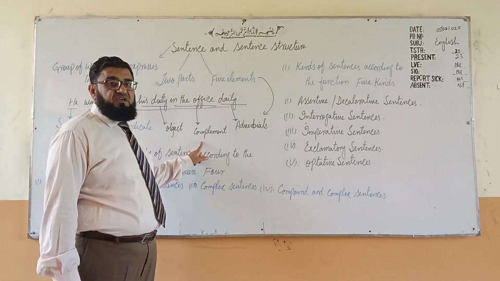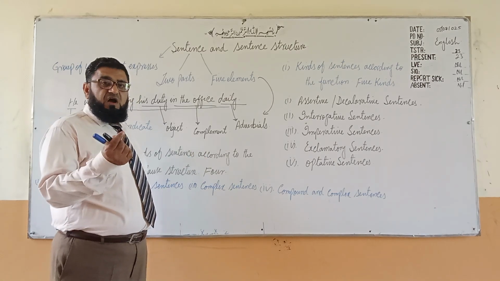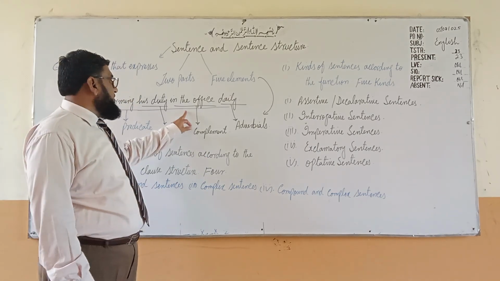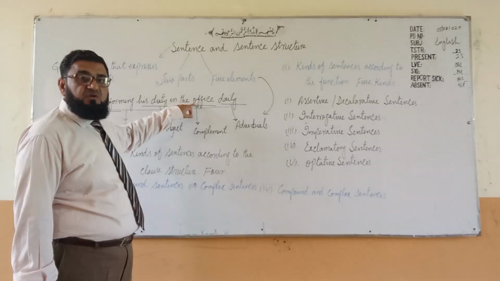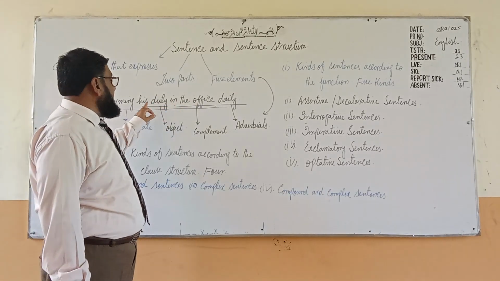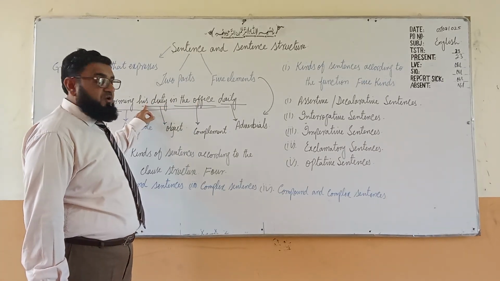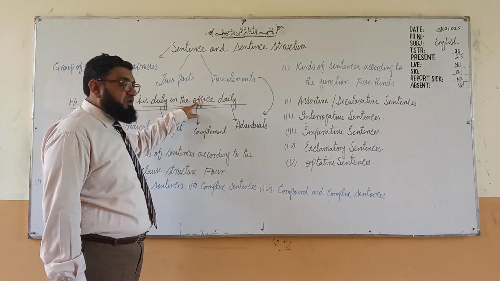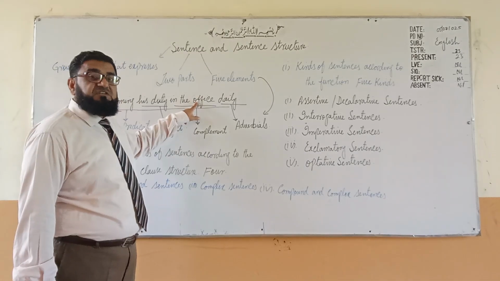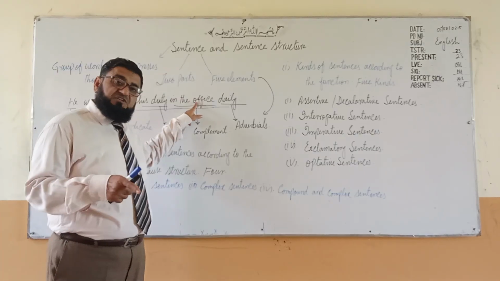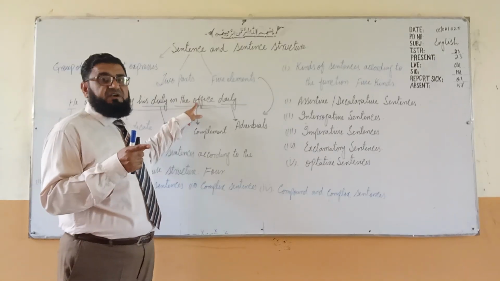Complement is very tricky. I am telling you a very important clue about complement. When there is a preposition before a noun, we will call it complement, not an object. Here 'the office' is a noun. A noun may be the subject of a sentence, the object of a sentence, or the complement of a sentence.